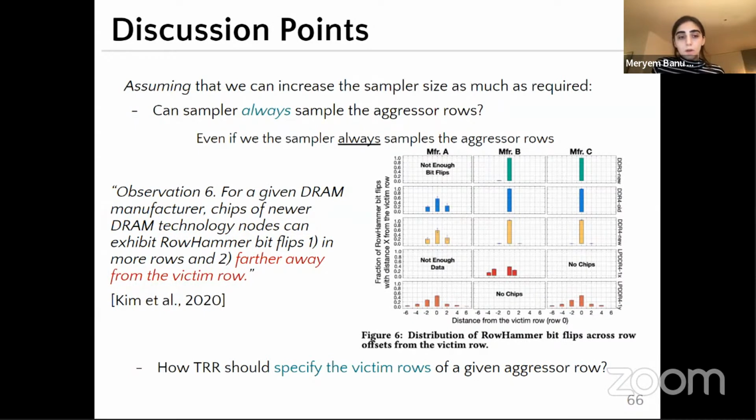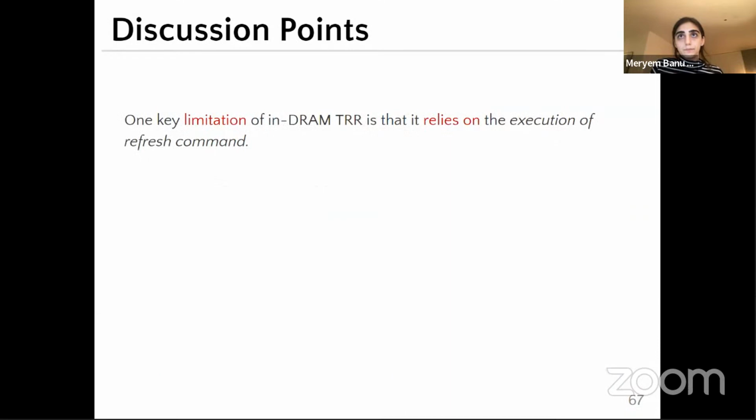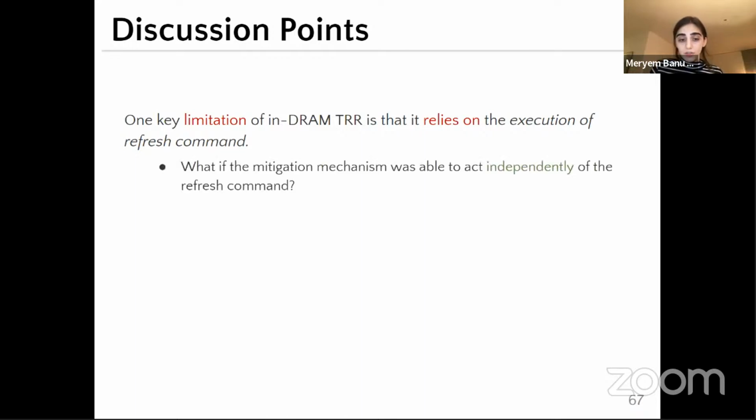Okay, so I'm just going to the next discussion. Taking a different approach, in-DRAM TRR relies on the execution of the refresh command. But would the security guarantees of in-DRAM TRR change if it were able to act independently of the refresh command?